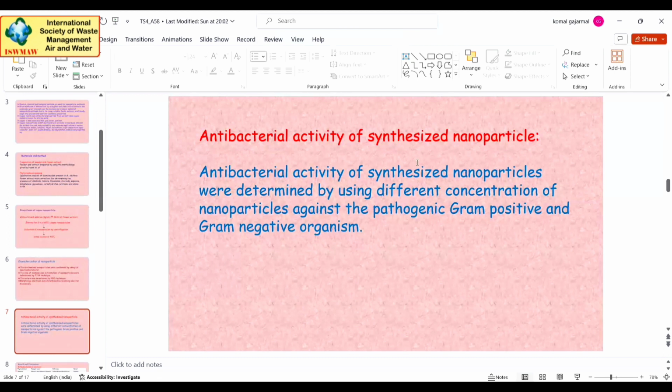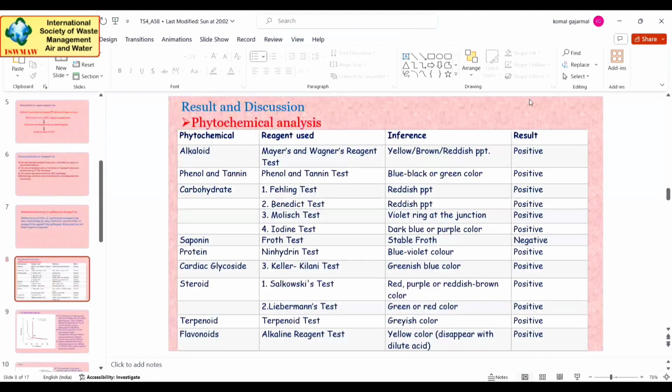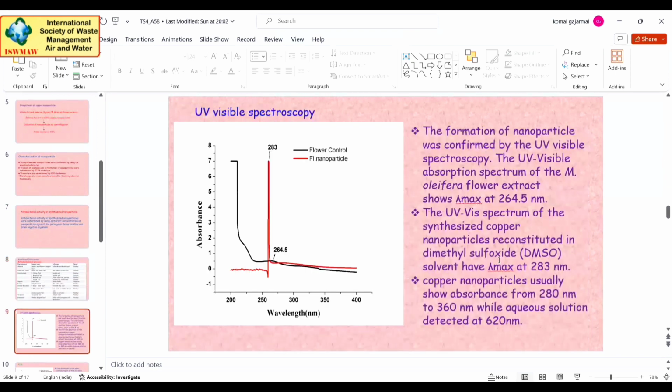Result and discussion. Here, the result of phytochemical analysis. Different methods are used for detecting the phytochemicals. In that, we get positive results for all the tests except saponin. The result of UV visible spectroscopy: the formation of particles was confirmed by UV visible spectroscopy.